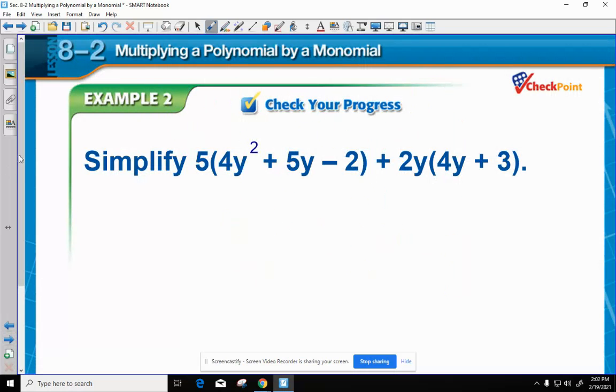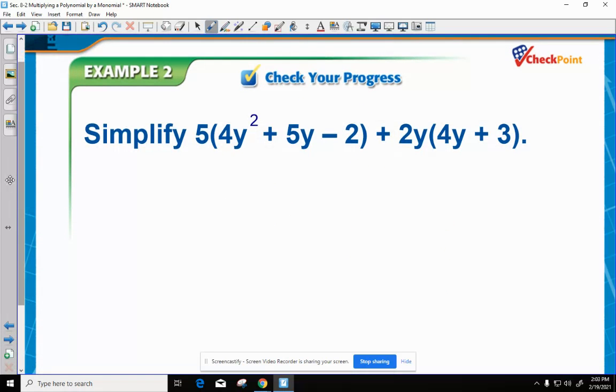All right, let's make it a little bit bigger. Okay? Now, here's the deal. If you answer this correctly, your final answer will be a quadratic trinomial. If your answer is done correctly, it will be a quadratic trinomial.